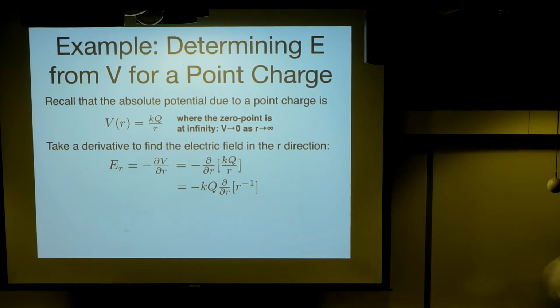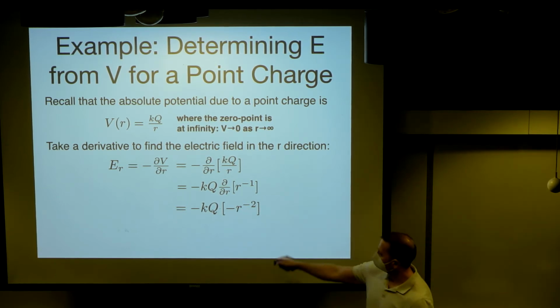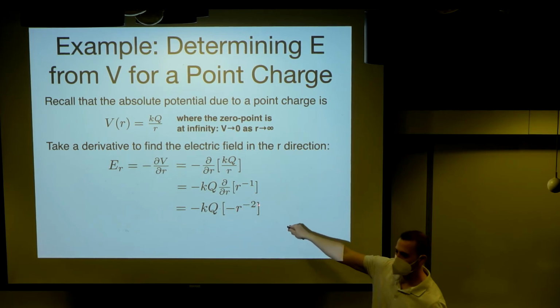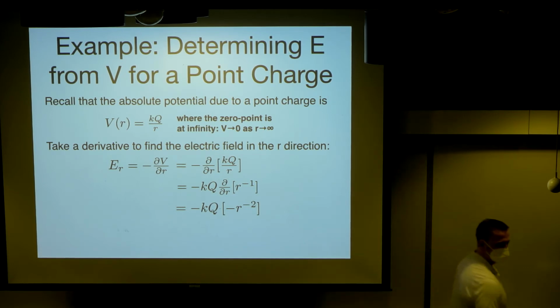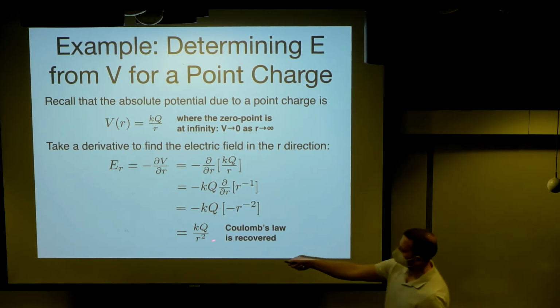Okay, so let's see what happens. So I have minus KQ, and then now I've evaluated the derivative in brackets. And it's just like you said, minus R to the minus 2. That's the derivative of this guy. The two negative signs, we can cancel them out, right? And I can write this in a more familiar sort of way. If I have R to the minus 2, that's the same as 1 over R squared.